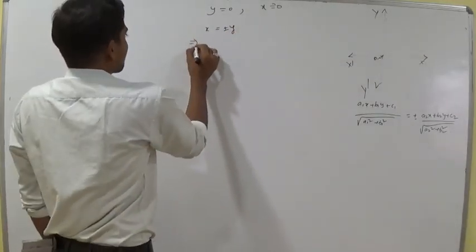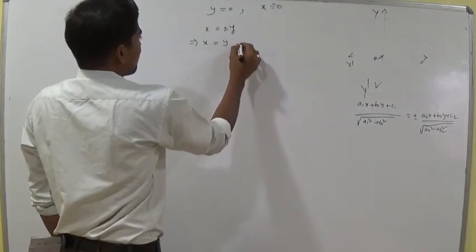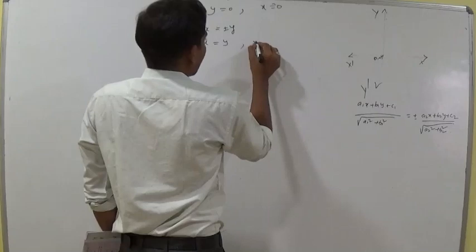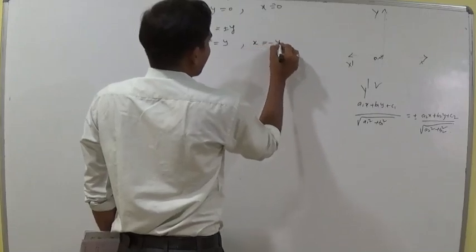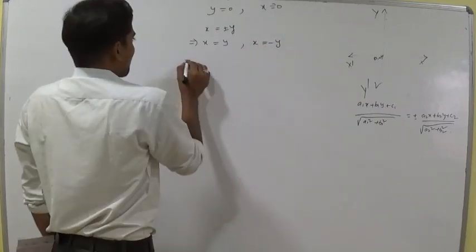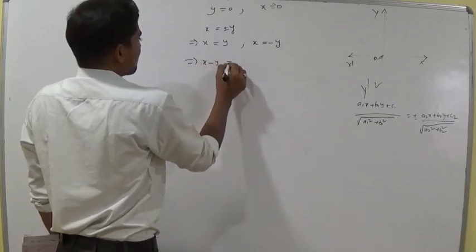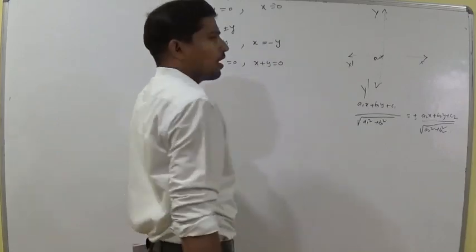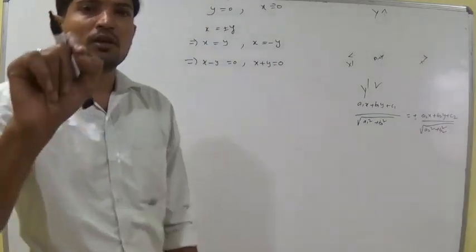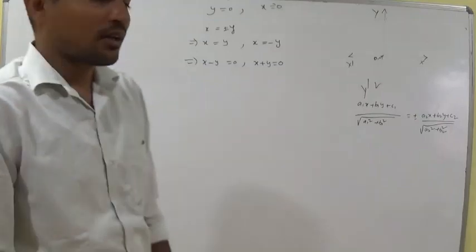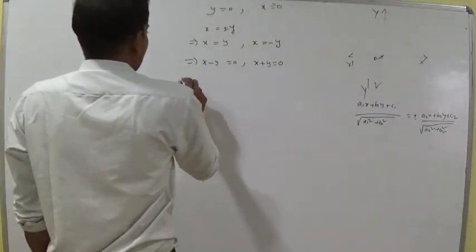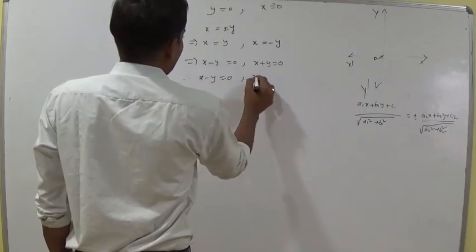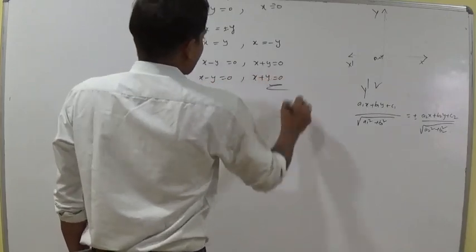That implies x equal to y and x equal to minus y. That implies x minus y is equal to 0, x plus y is equal to 0 are the two straight lines, a pair of lines. Therefore x minus y is equal to 0, x plus y is equal to 0.